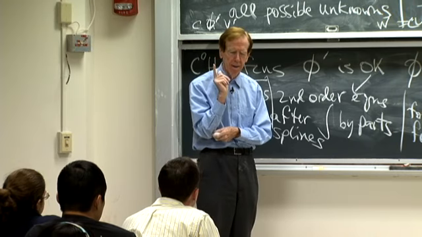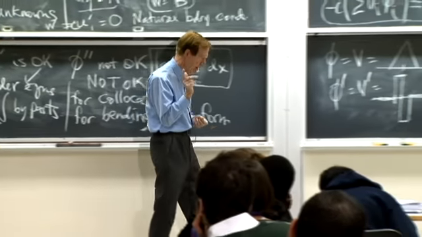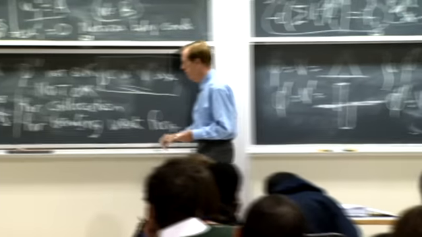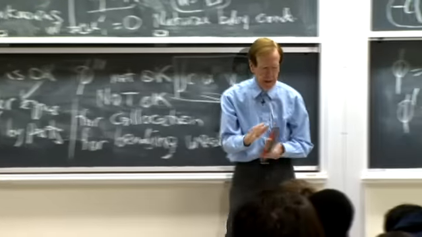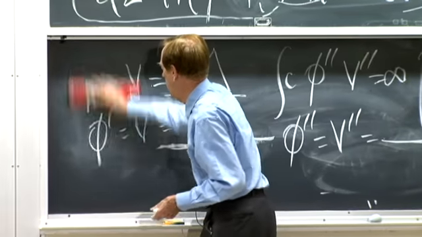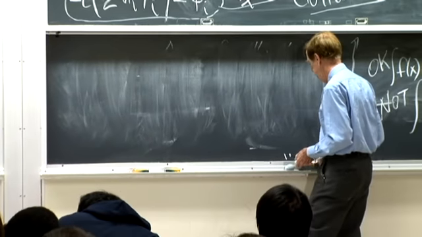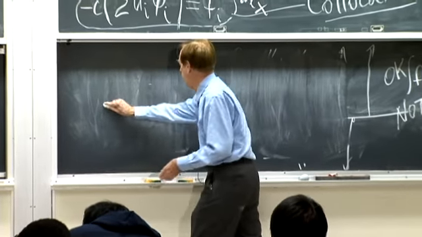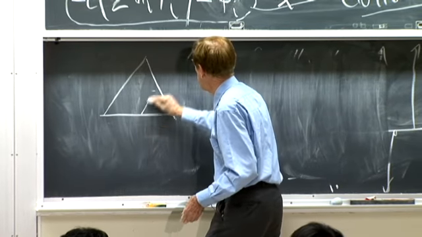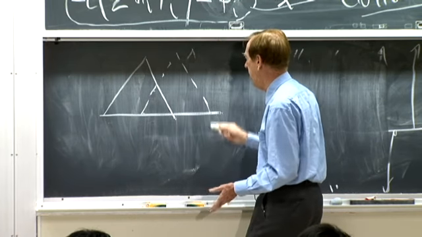Actually, can I say one more thing about the elements that we've already constructed? I want to say one more point that occurs to me, and then I really will stop and answer questions. You remember our example where we had hat functions, and then we also had bubble functions?